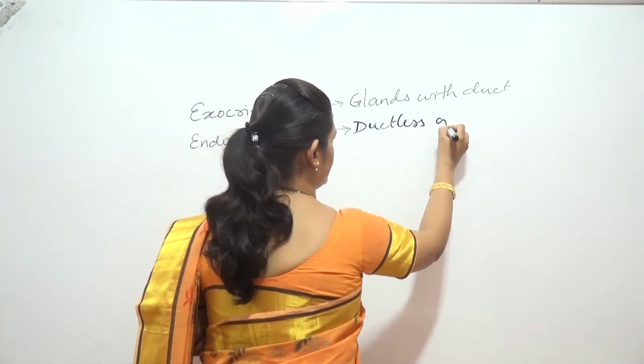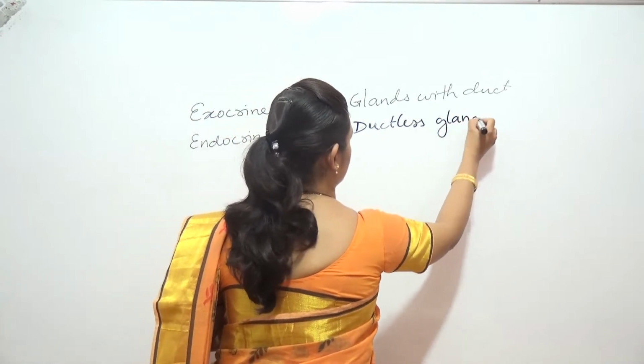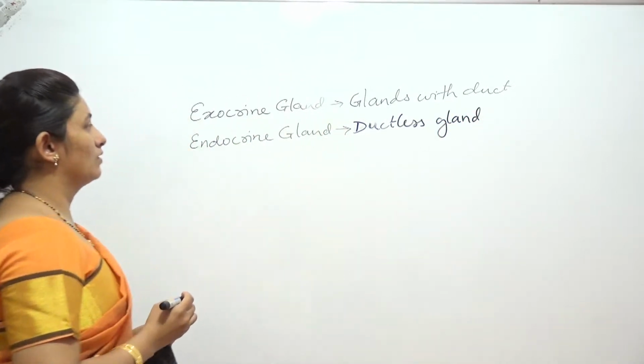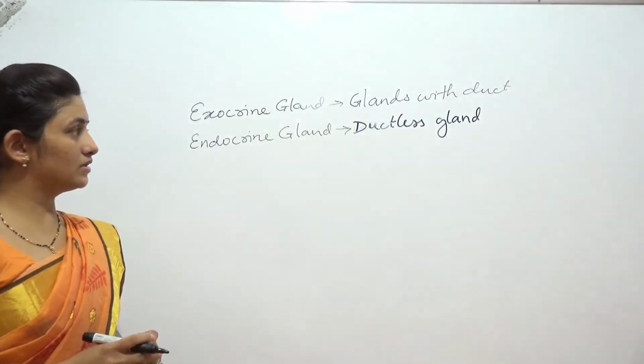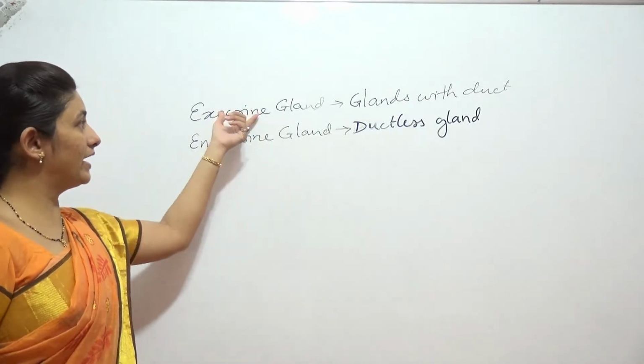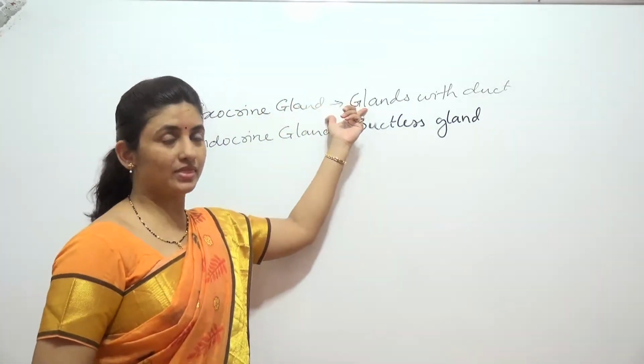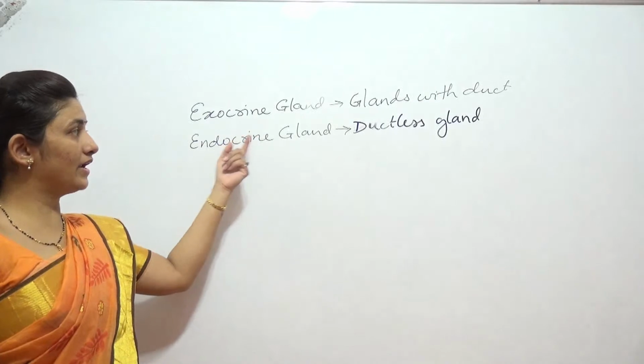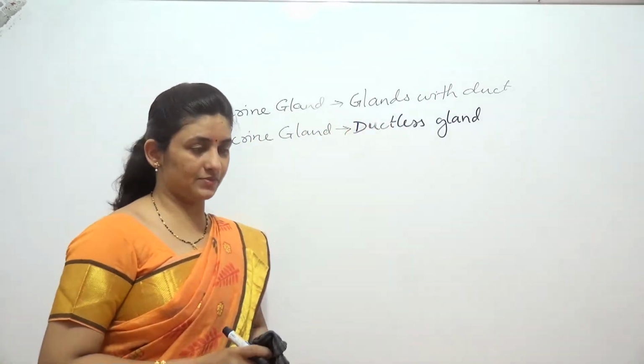So that is the major difference between the exocrine gland and the endocrine gland.